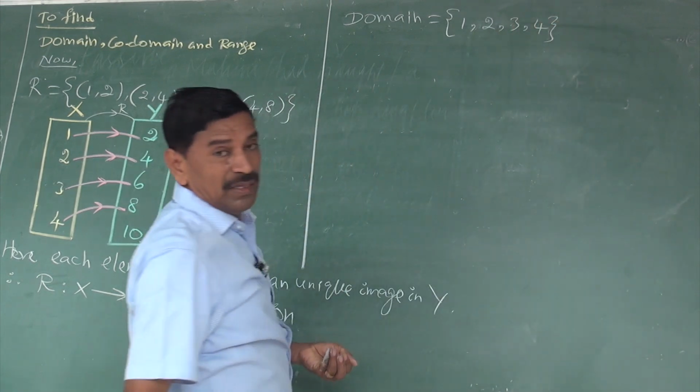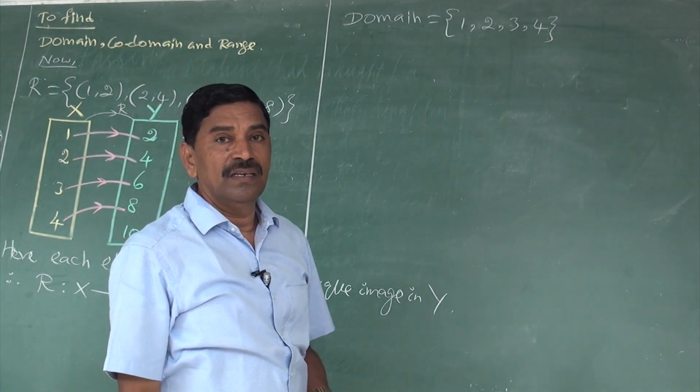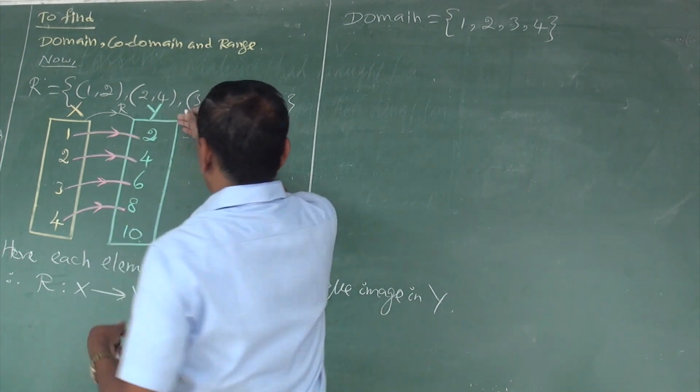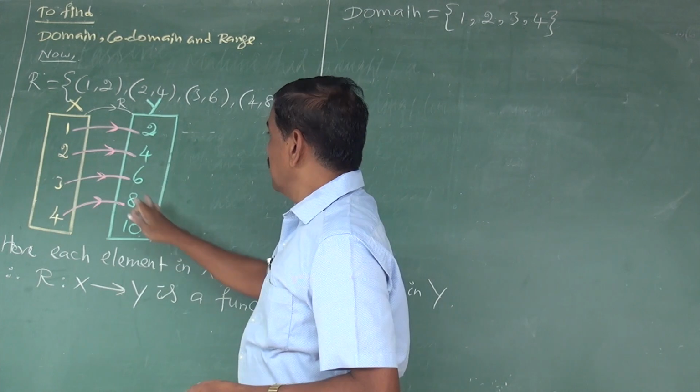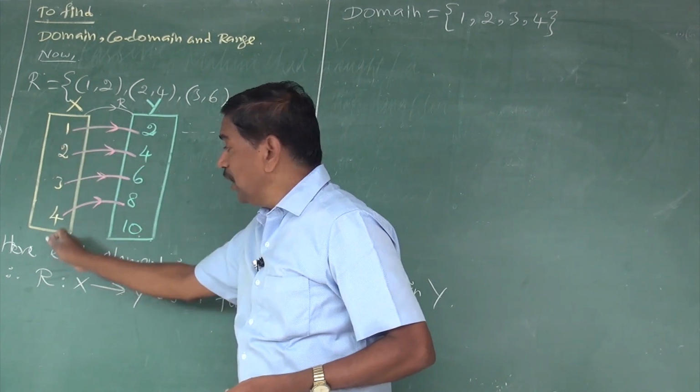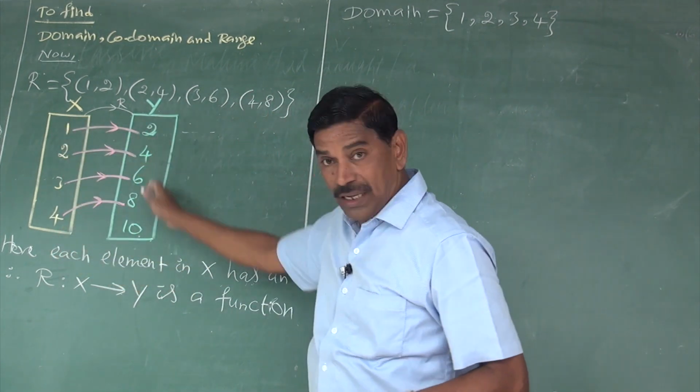Next, codomain. See, how to find a codomain? Yes, the second set is known as codomain. Listen, in a function, the first set is the domain and the second set is the codomain.